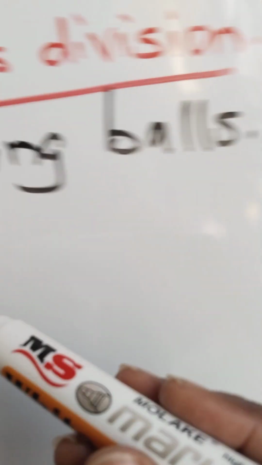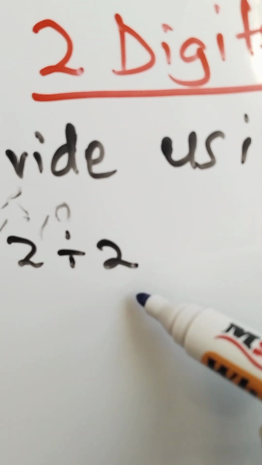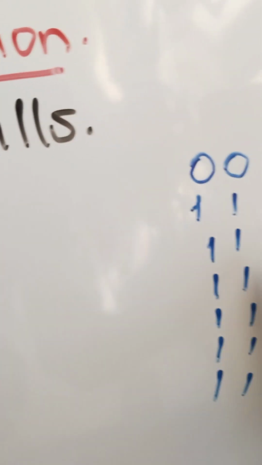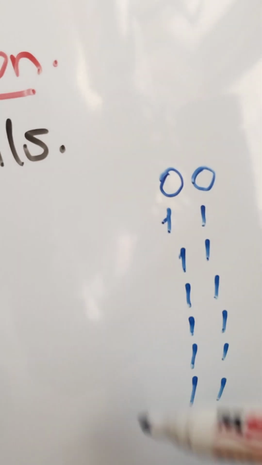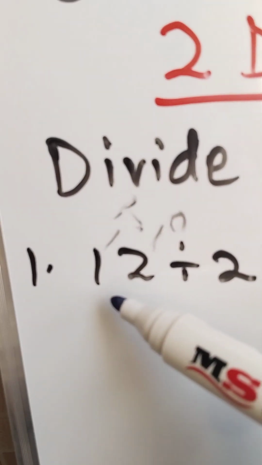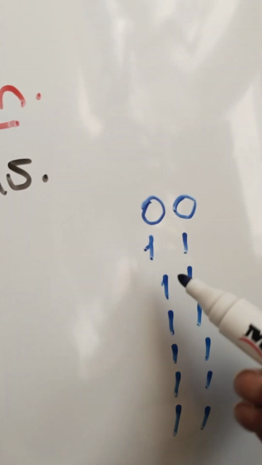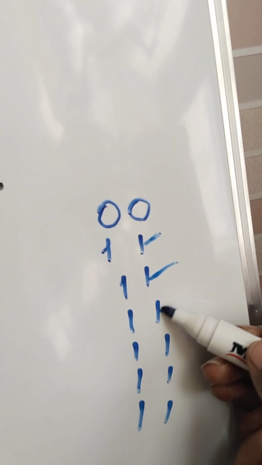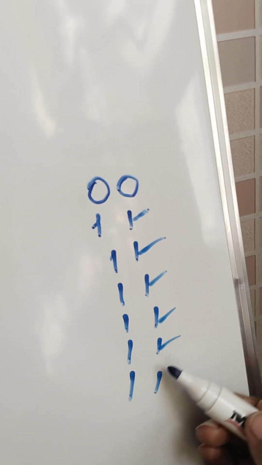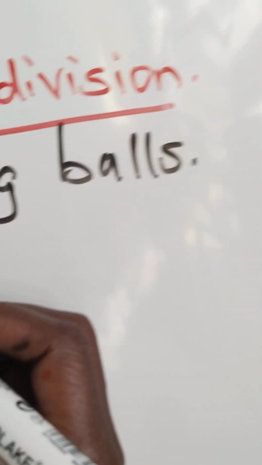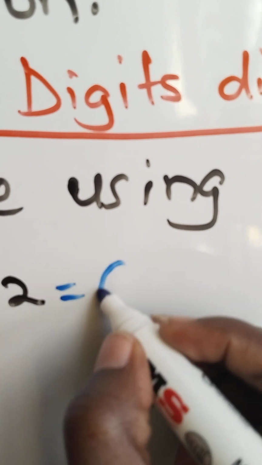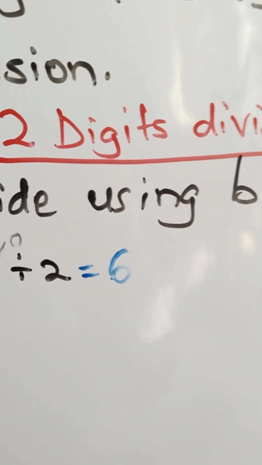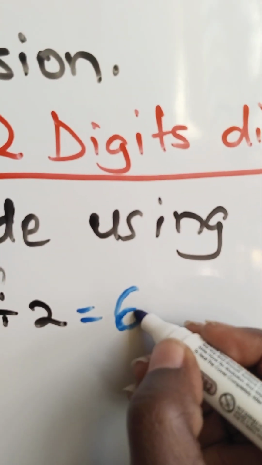We've gotten 2 balls, and we divide the 12 balls among them. So how many will each person get? Each person will get 1, 2, 3, 4, 5, and 6. So 12 divided by 2 is 6. Our answer is 6.